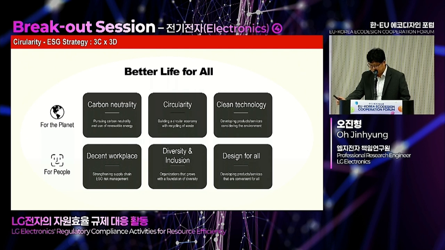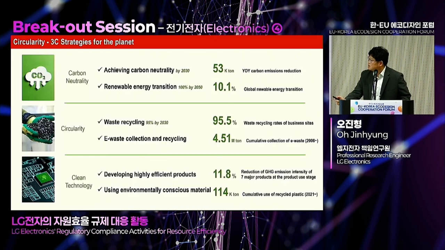Circularity is regarding recycling of waste, and clean technology is like developing products and services considering the environment. And 3D is related to people, supply chains and employment, women and people with disabilities, and it also represents accessibility.